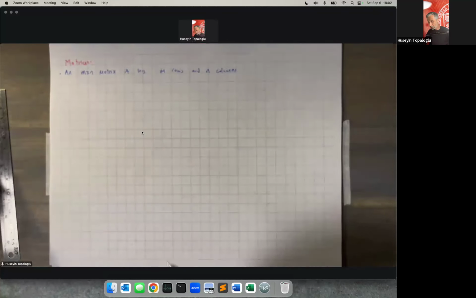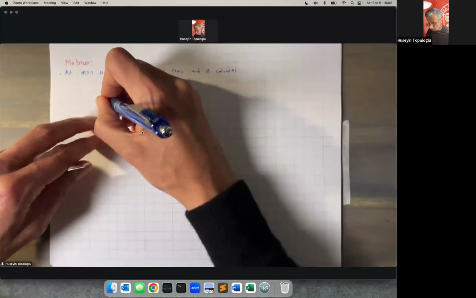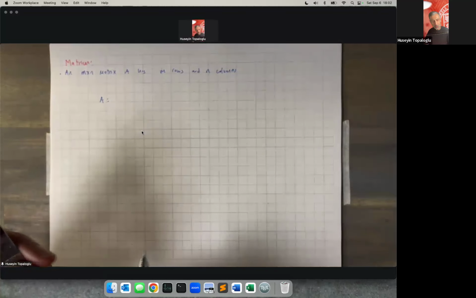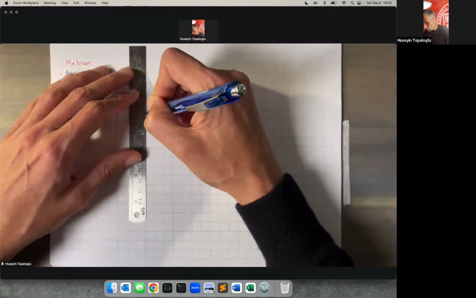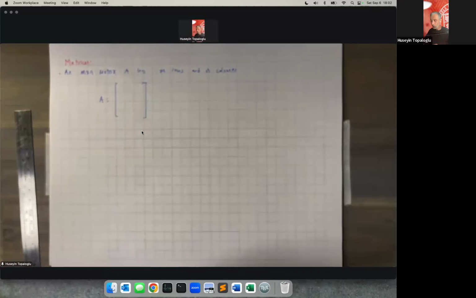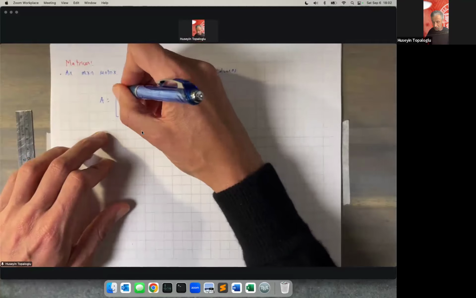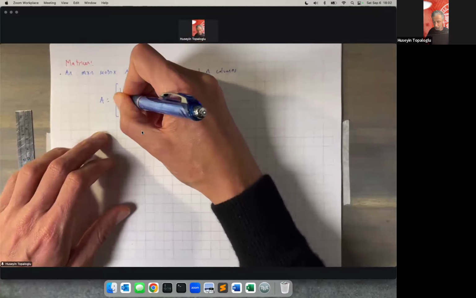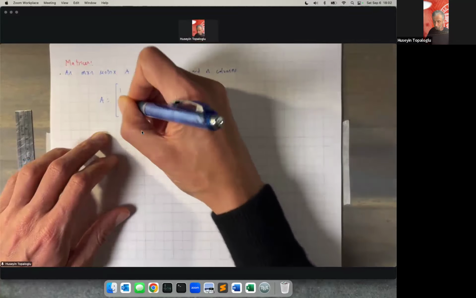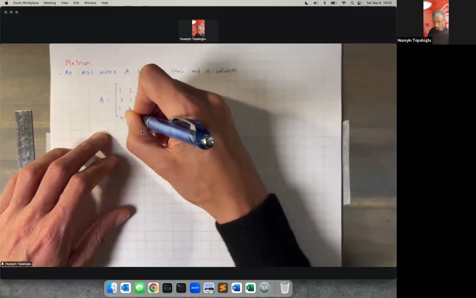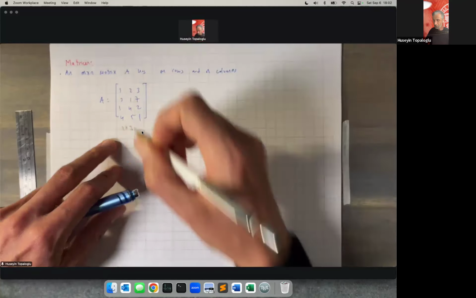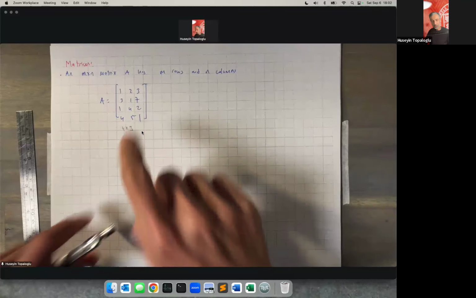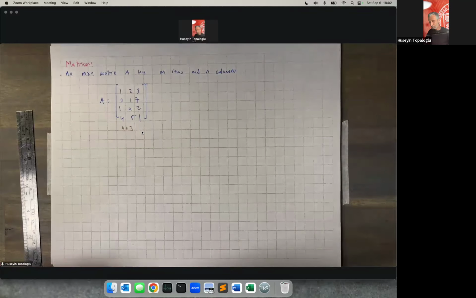At risk of boring you, let's write down a matrix. Let's write down a 4 by 3 matrix. A 4 by 3 matrix is going to have 4 rows and 3 columns, and it's going to look like this. So this is a 4 by 3 matrix. This matrix has 4 rows and 3 columns.